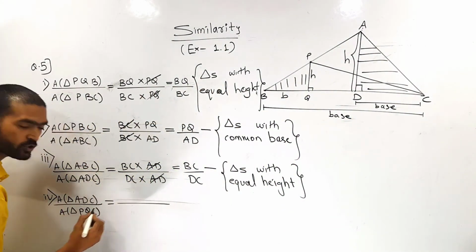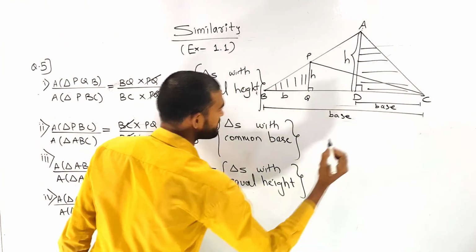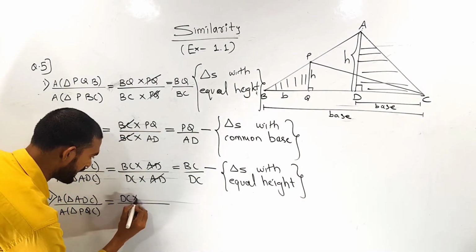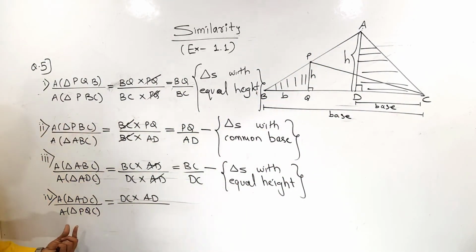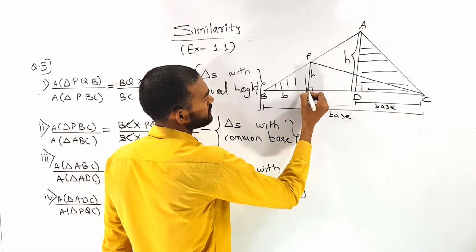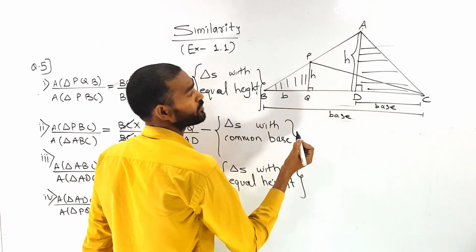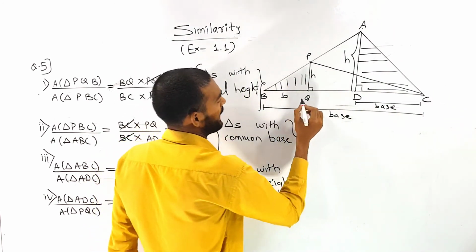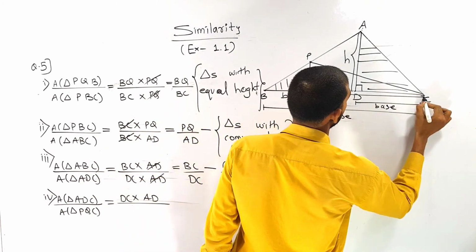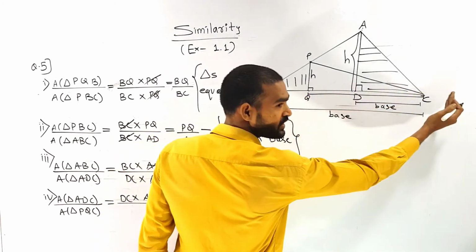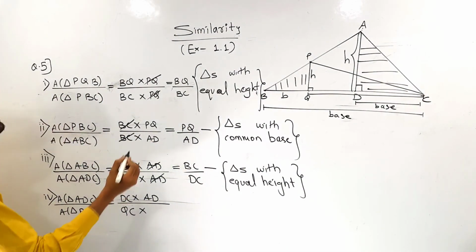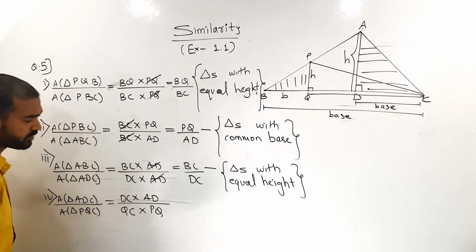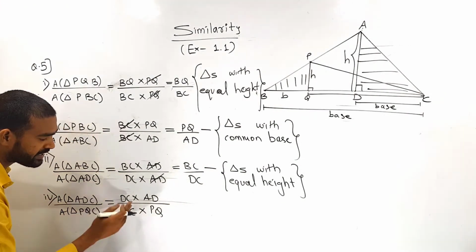So first we'll write base into height. So my base is DC and my height is AD. Now the second triangle, triangle PQC. What is my height? Height is PQ and this time my base is this whole QC. So I will write base QC into PQ. Right, students?